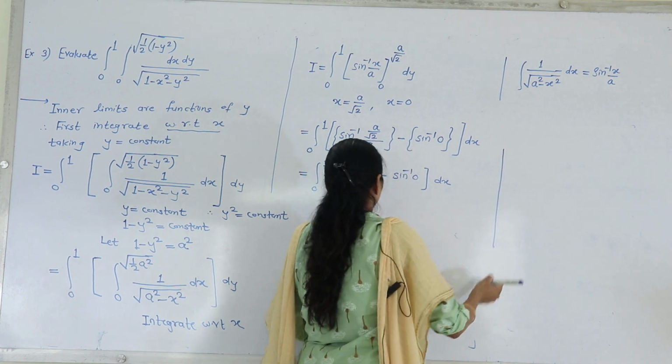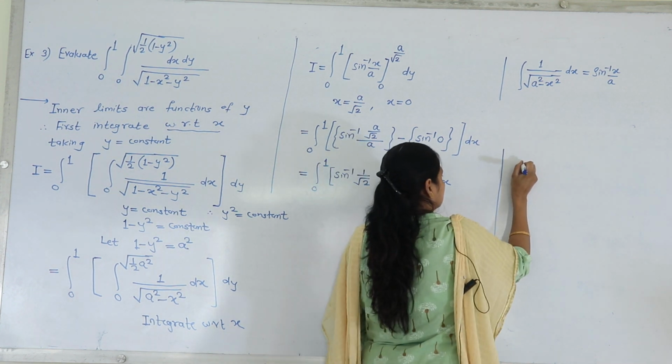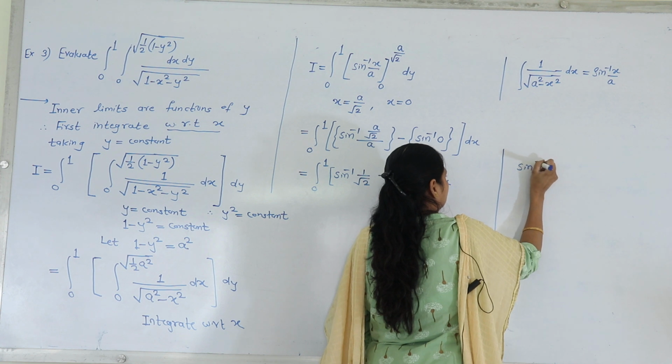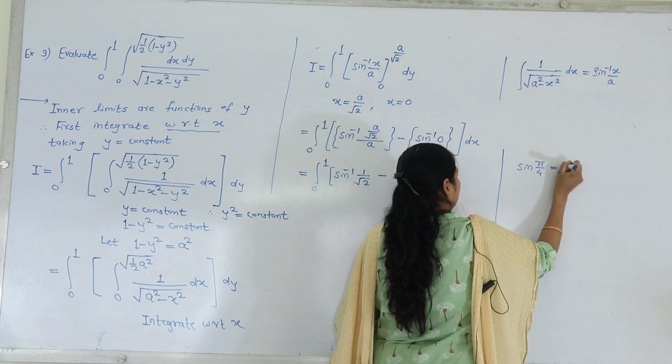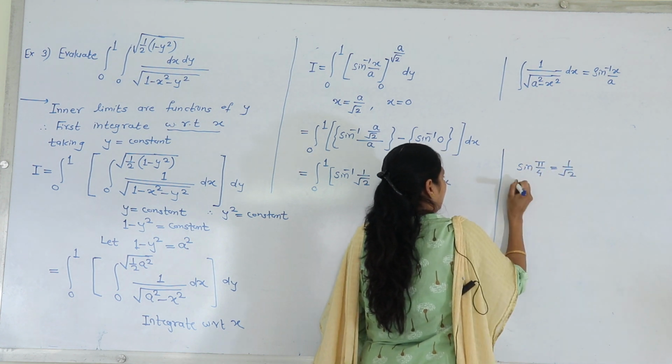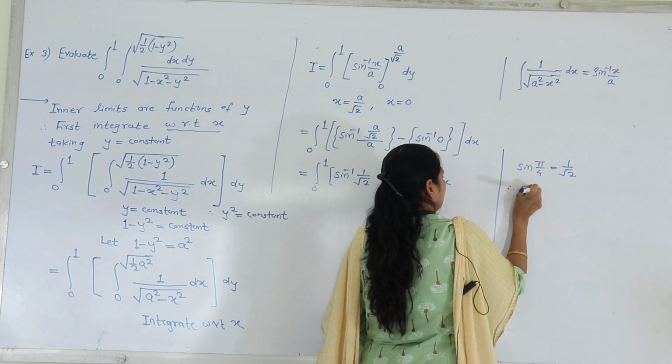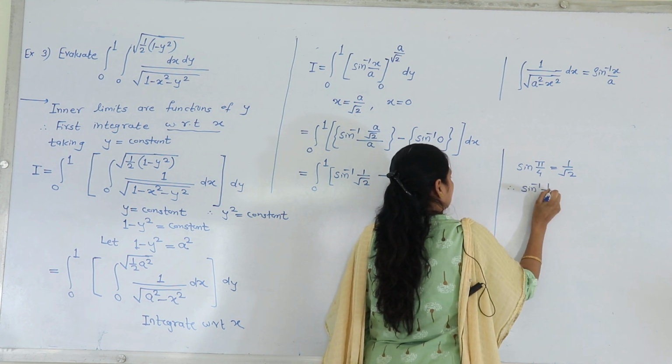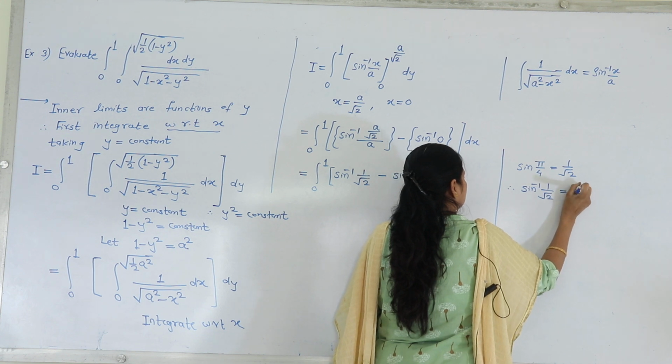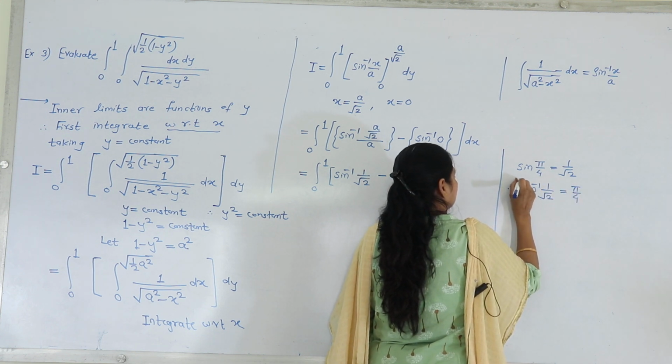Now sine inverse 1 by root 2, because sine pi by 4 is 1 by root 2, therefore sine inverse 1 by root 2 is pi by 4.